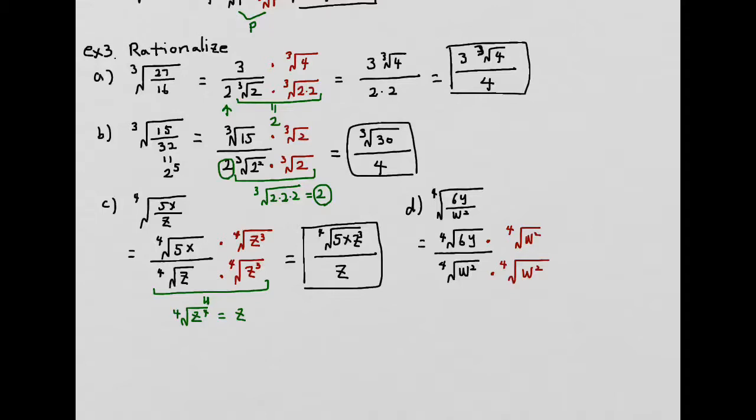Then, when you're multiplying this denominator, we know that will equal the 4th root of w to the 4th, which is going to be w on the denominator. And the numerator will be the 4th root of 6y w squared over w is what you're going to get for that problem.